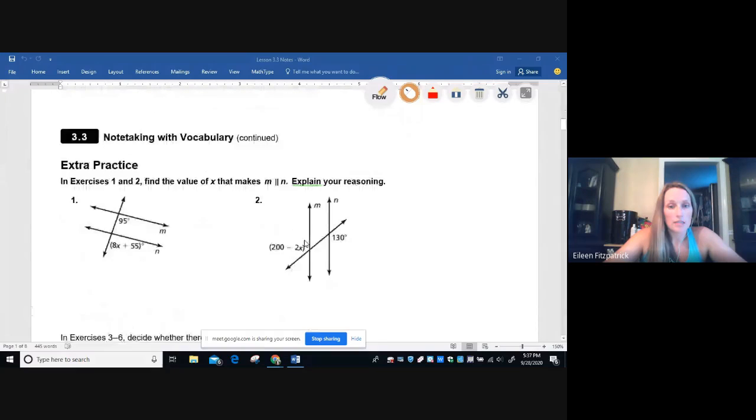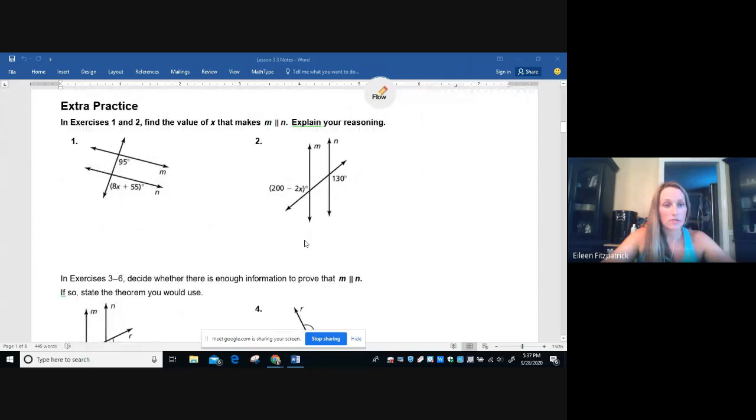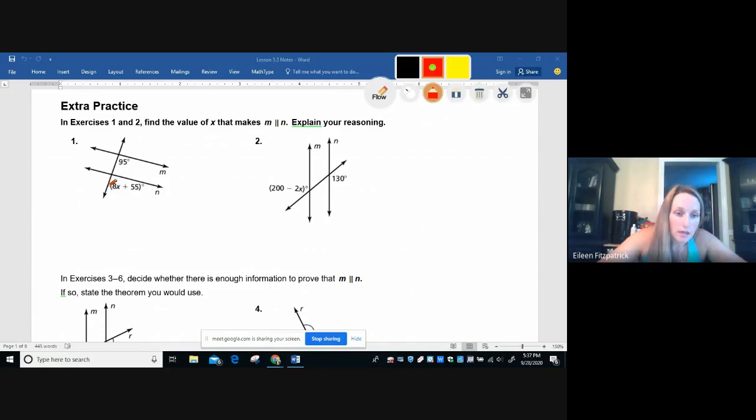All right, so that leads us to our examples. It says in exercises 1 and 2, find the value of x that makes m and n parallel. Explain your reasoning. Okay, so what would have to be true about this angle here? I'll put an arc on it. This angle here and this angle here in order for the lines to be parallel.